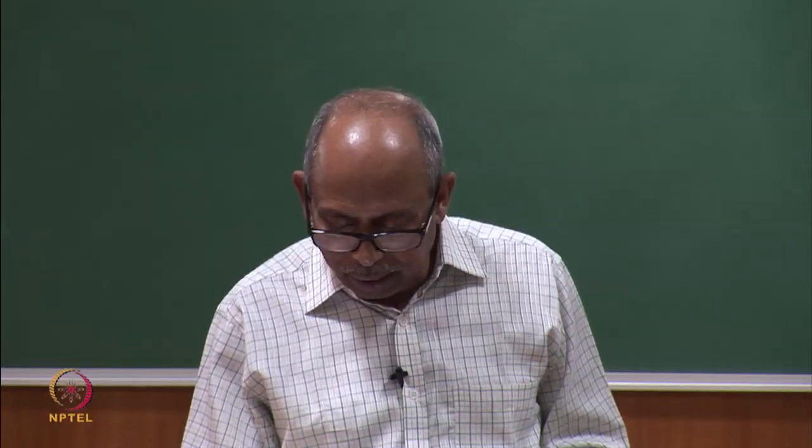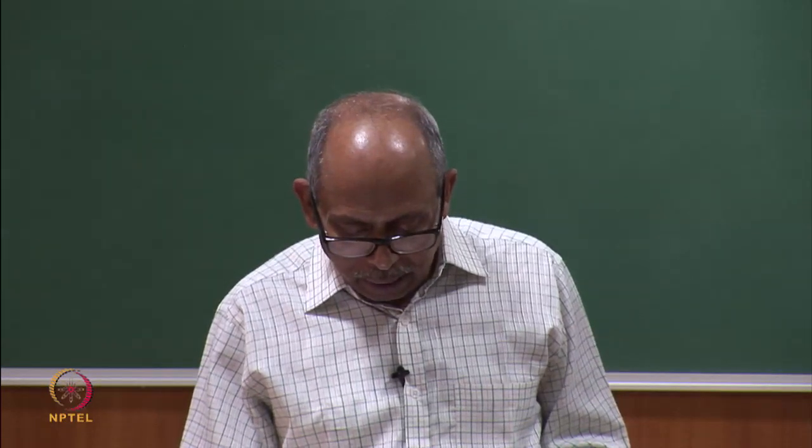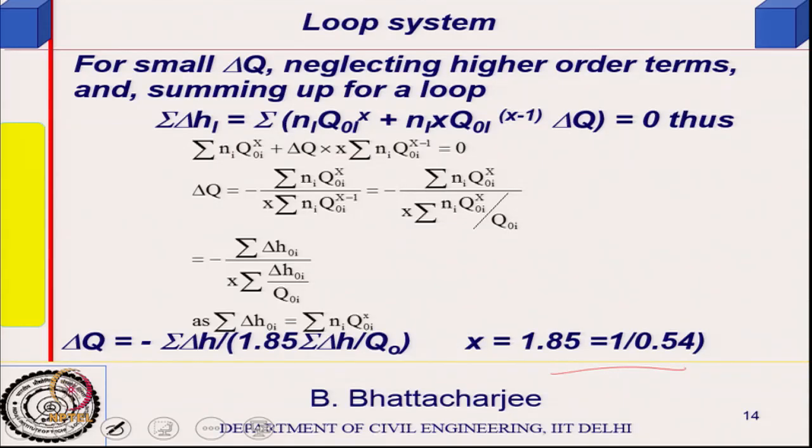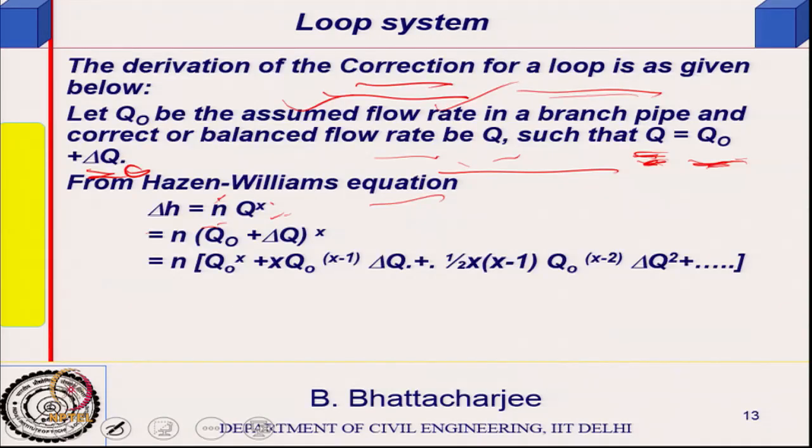I think it is written somewhere, I will come back to this. 1 by 0.54 is 1.85. So, delta h can be expressed as some constant times q to the power x. q is the final, correct value, and I want to find out delta h.